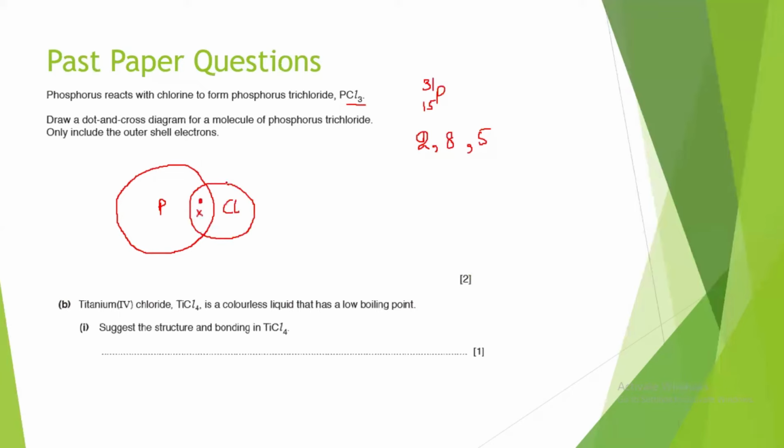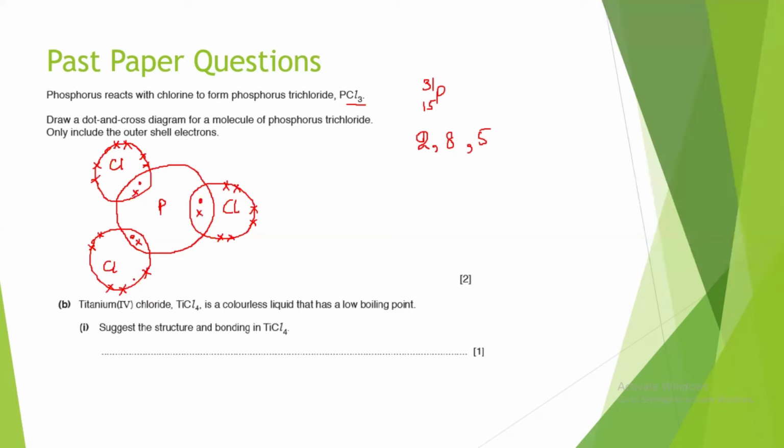This is chlorine having 7 electrons in the outermost shell, and another electron is shared with chlorine, so it again has 8. Another bond with another chlorine having 7 electrons.